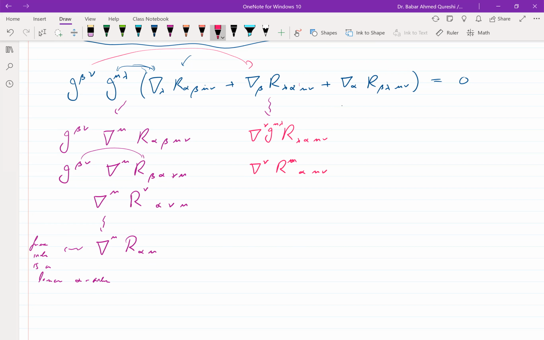But this mu is now contracted, so this gives me a Ricci. And this nu is a repeated index, so I can even call it mu. So I get the same term as this one with a plus sign.